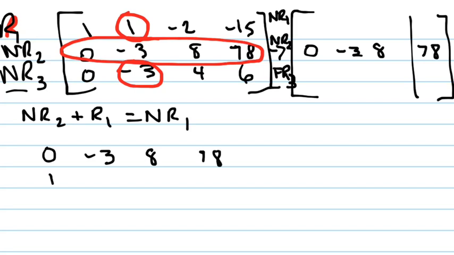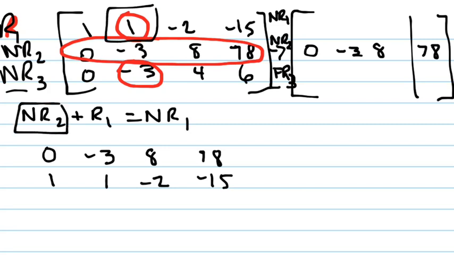Row 1 is 1, 1, -2, -15. Now we're not eliminating in the first position. Remember, we're using row 2, right? So this is the one I'm trying to eliminate here. So that's where I need my opposites. Well, I've got a negative and a positive, so I've already got good signs, right? They have opposite signs. I just need to see if I can turn one of these into the other.